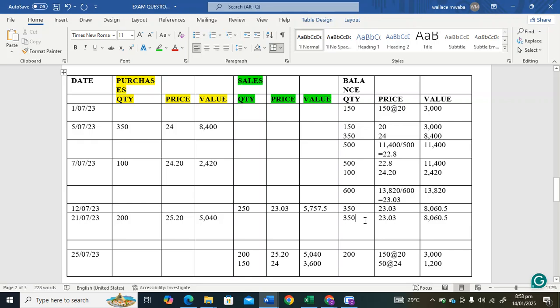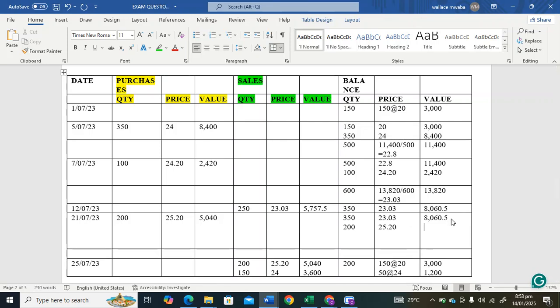Then we've also got now 200 goods valued at 25 kwacha 20. 200 times 25 kwacha 20, 5,040.